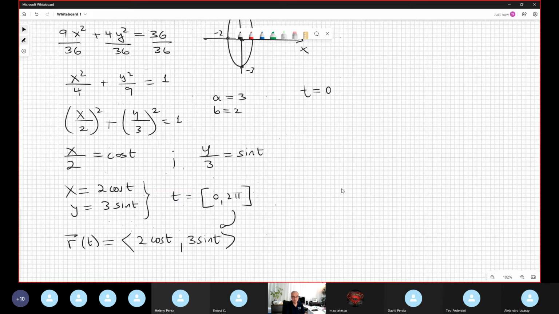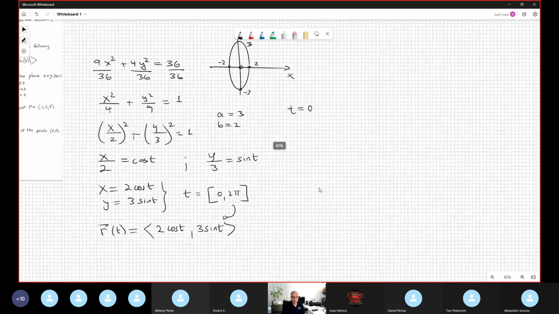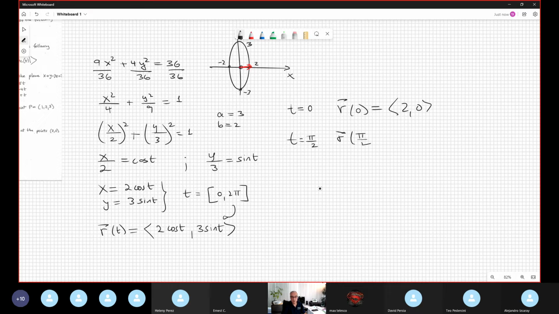Suppose at t equals 0, the vector r of 0 is 2 cosine 0, cosine 0 is 1, so 2, 0. And 2, 0 is that vector. Similarly at pi over 2, 90 degrees, the vector valued function is cosine 90 degrees is 0, and this is 3, which is that vector.